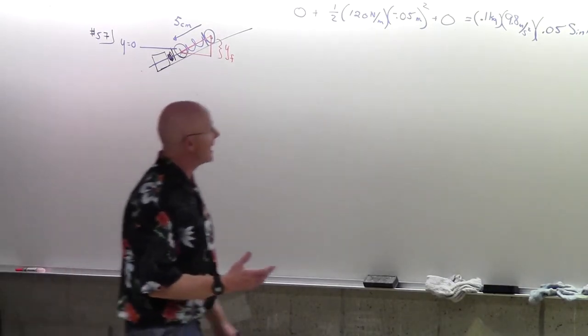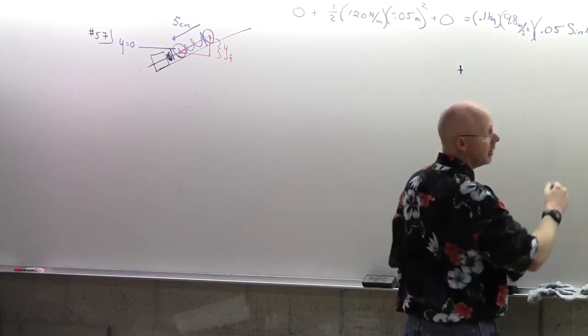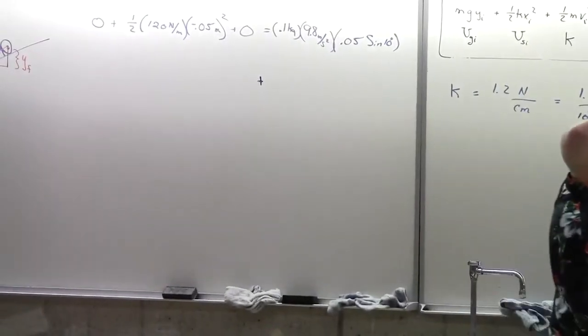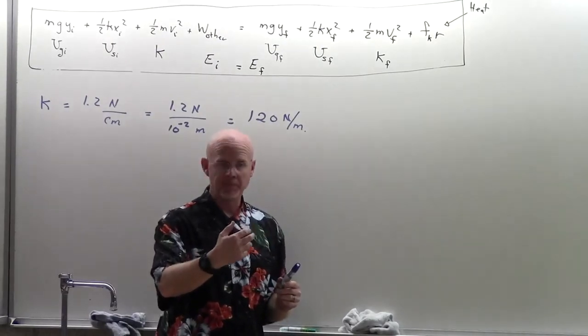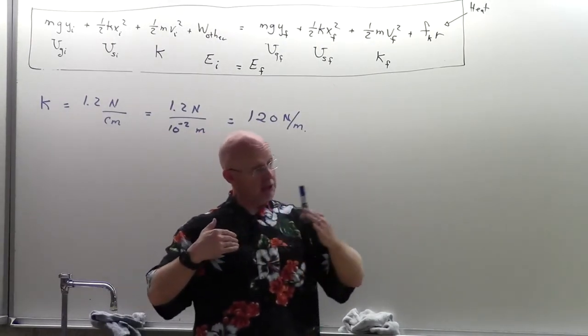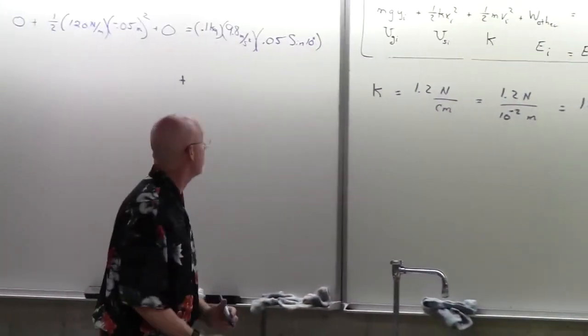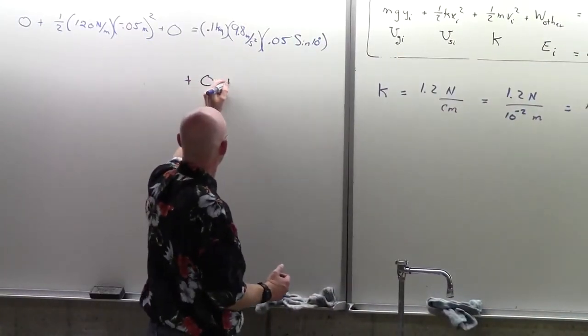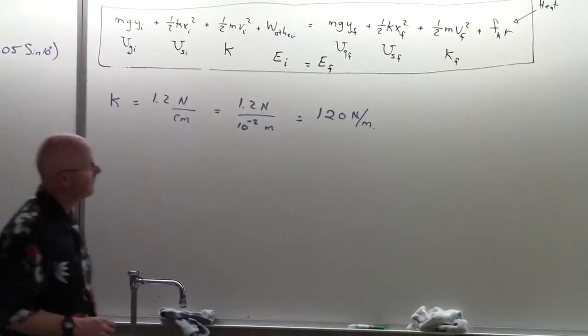Let me go on to the next term. I'm kind of out of room on the board here, so let me just put it underneath. But this would be the spring. What's the final position of the spring? Yeah, it stretches back out until it gets to its natural length. So I'm going to put a 0 there. Next term.